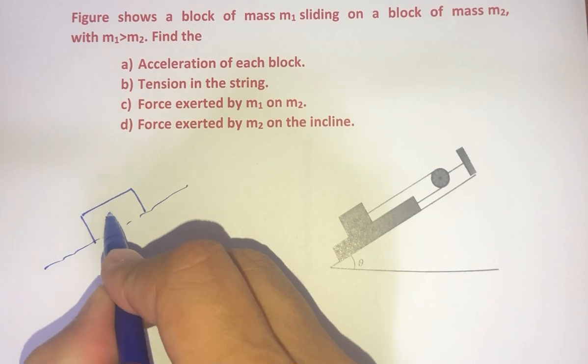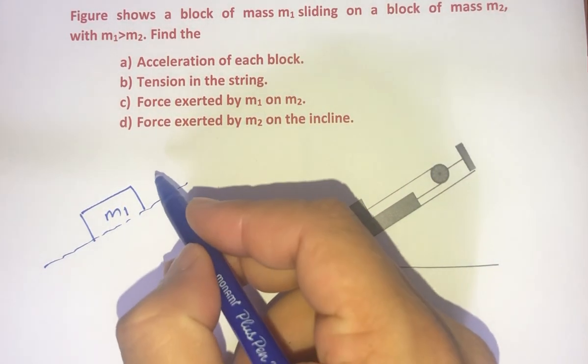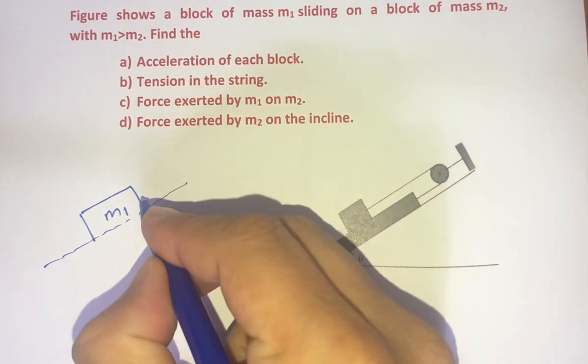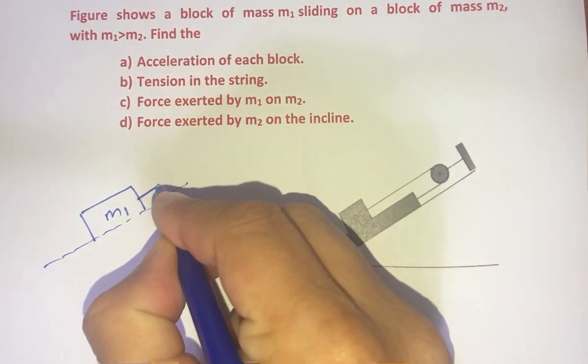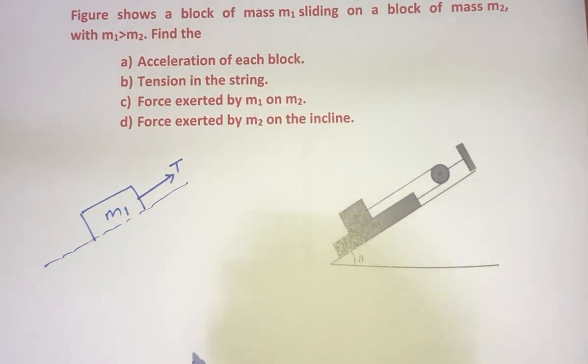So this is mass m1, and it is going to have tension T in the upward direction.